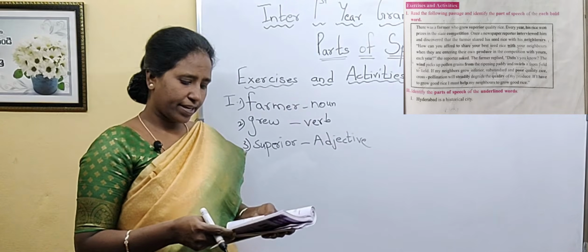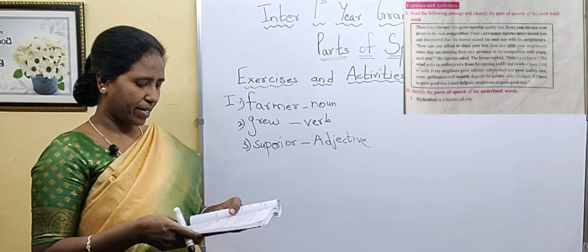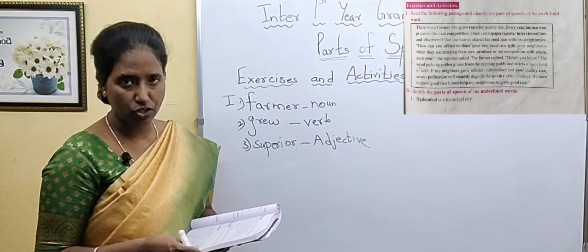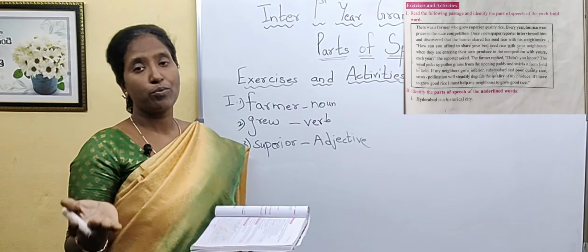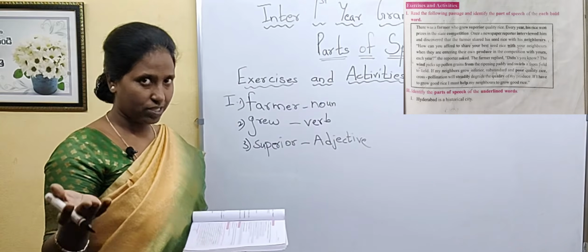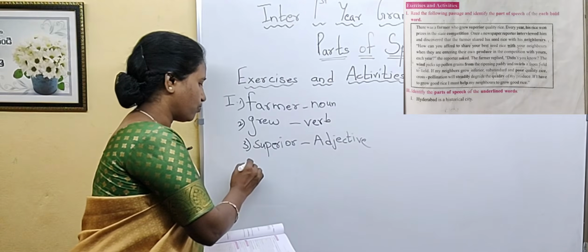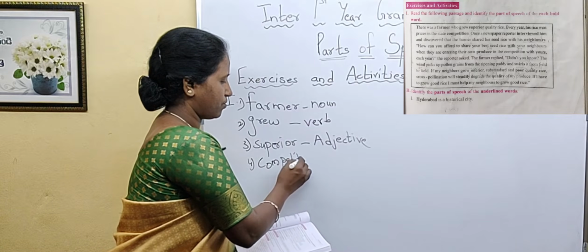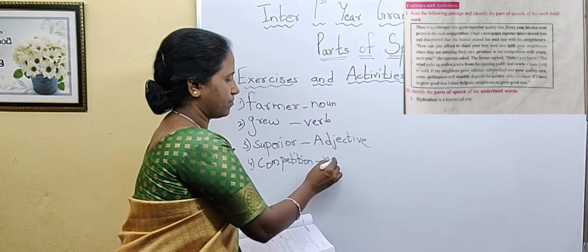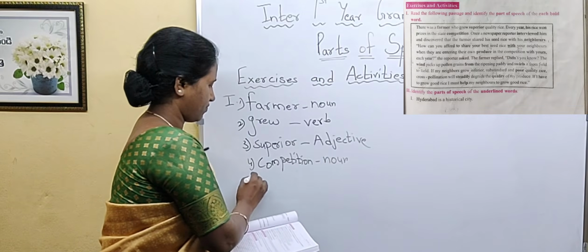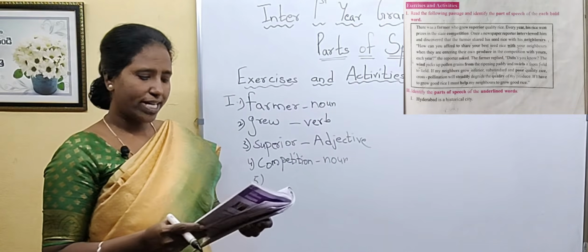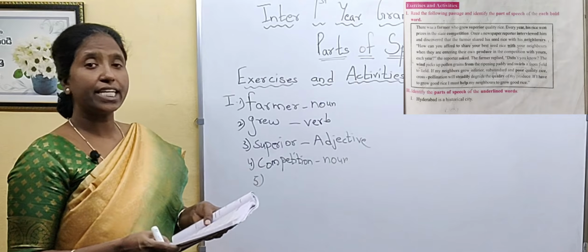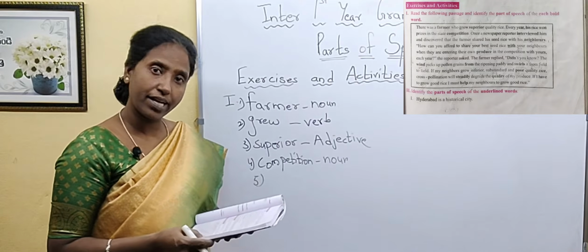Okay, every year his rice won prizes in the state competition. Competition you can make plural form. Competition, competitions. So competition is a noun. Then once a newspaper reporter interviewed, this is already in past tense.